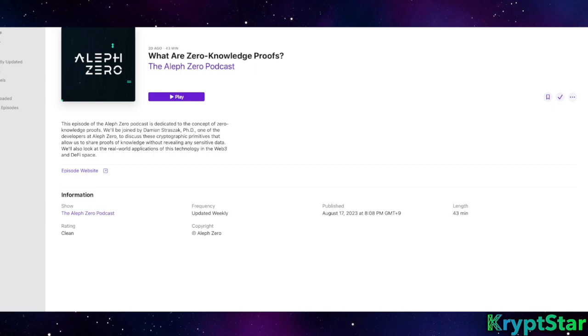And hence, blockchains are currently understood to be not very private indeed. And with this technology, we can actually improve the situation. We can make interactions with the blockchain more private. And that's one broad category of applications that zero-knowledge proofs, zero-knowledge SNARKs allow us to do.